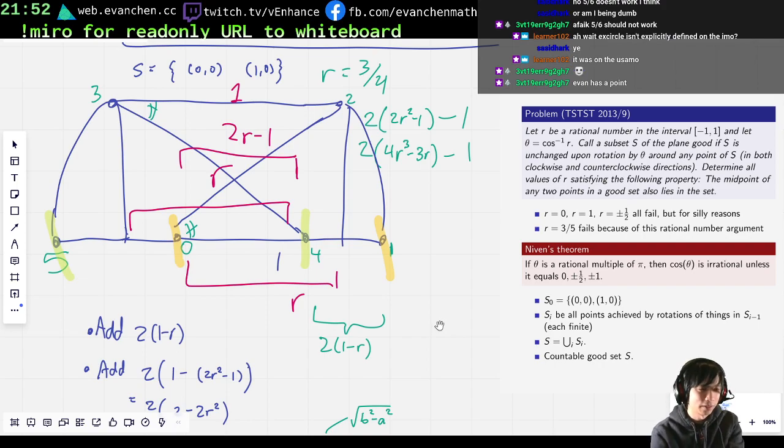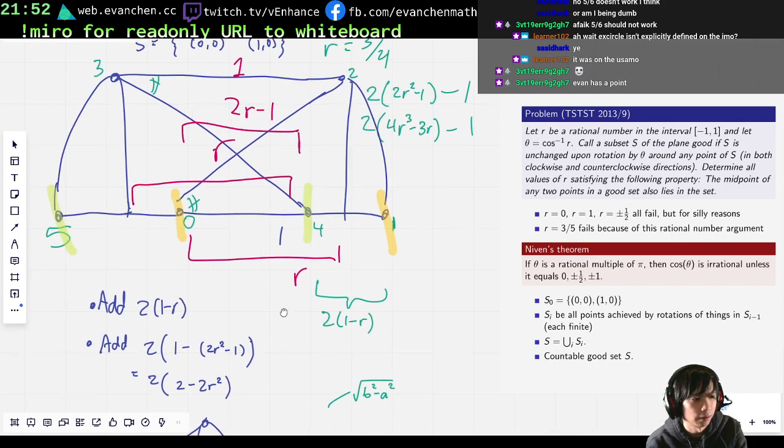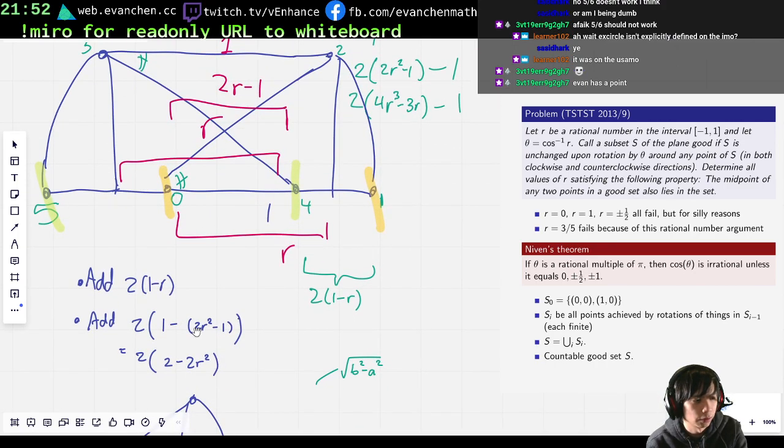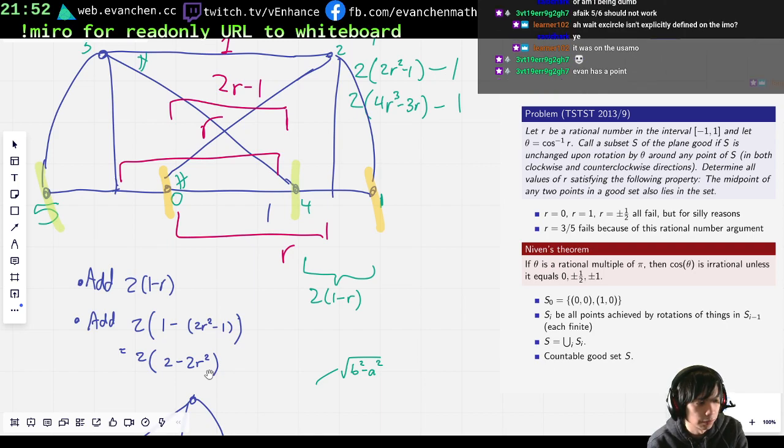So why does 5/6 not work? So 5/6, the problem is you can only move by 1/3. I don't see an issue with that though. 5/6? So that doesn't work if I go there. If I go to 2r squared minus 1, 25 over 36, 25 over 18.